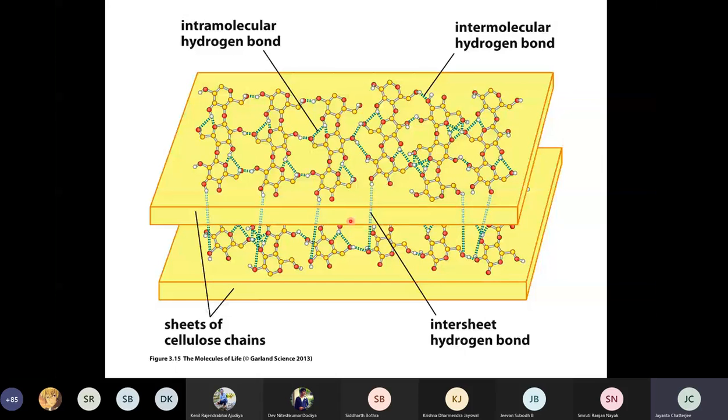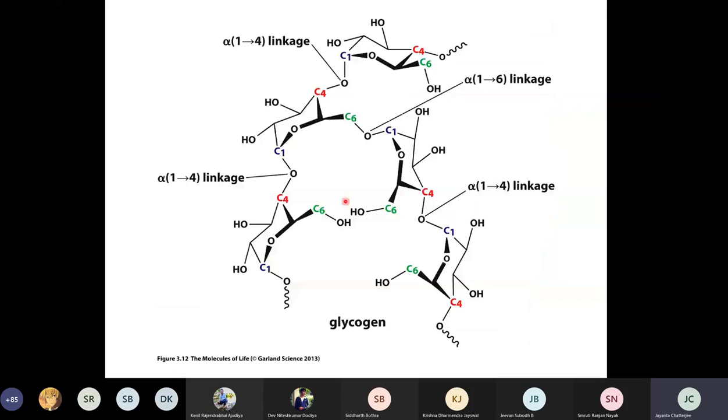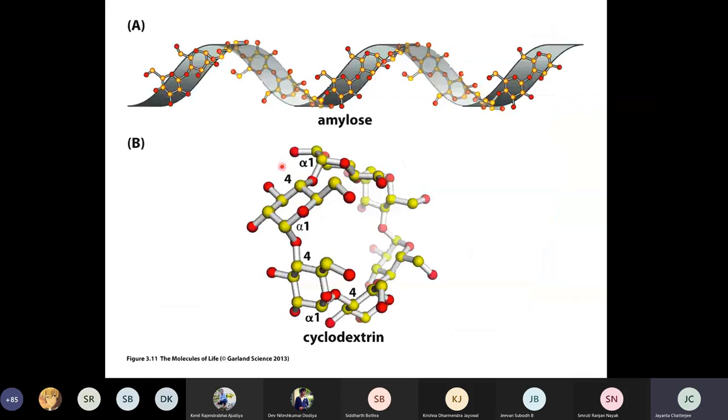And this softer nature of amylose or glycogen is associated with a very simple thing. If you just consider amylose, it does not essentially associate with another chain of amylose, because the molecule is bent, and since it is bent, another chain of amylose cannot come close to form intermolecular hydrogen bonds and stabilize these chains.